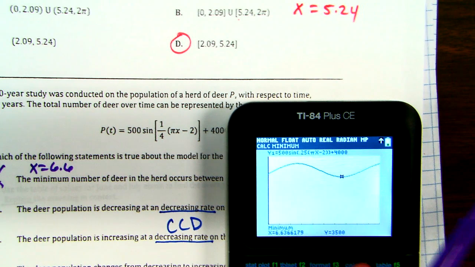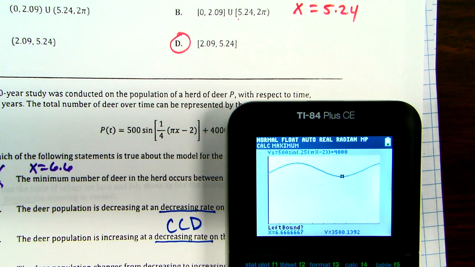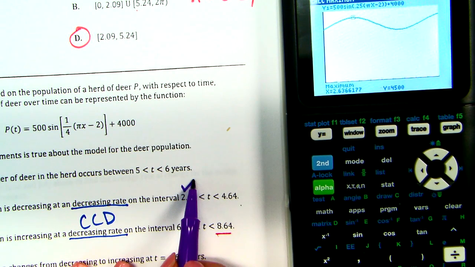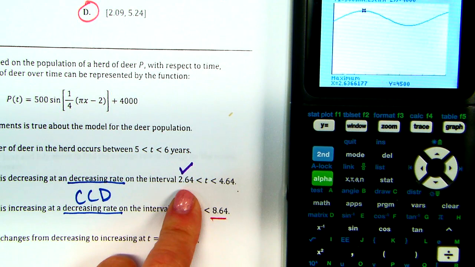So I'm going to do my maximum, which is number 4. Got to get back over there. So enter, somewhere on the other side of it, enter, yes. And that's 2.63. Ooh, okay. It does start decreasing at that value.